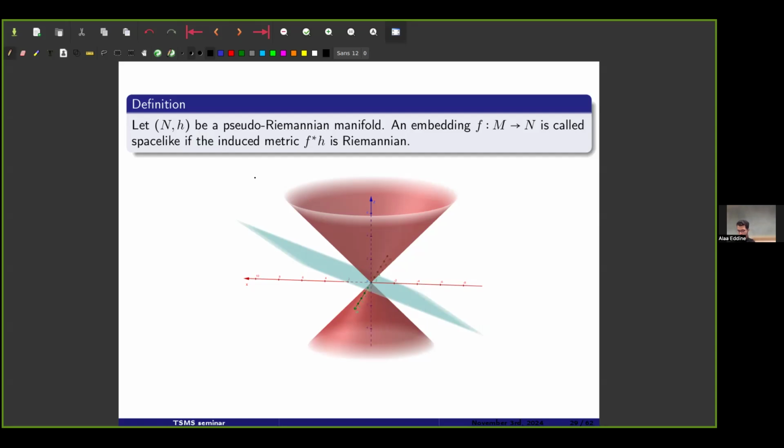This means that the tangent plane is always sent to a space-like plane. For example, in the three-dimensional case, this green plane is space-like, outside the isotropic cone. Remember, we are working with Riemannian metrics on our surface, so we need to find space-like embeddings.